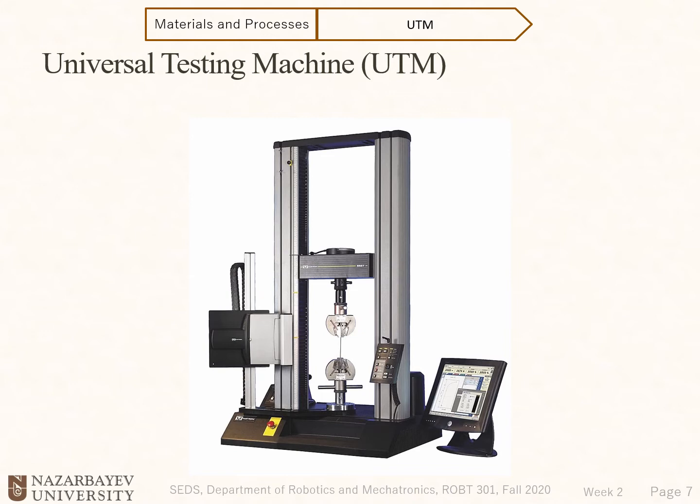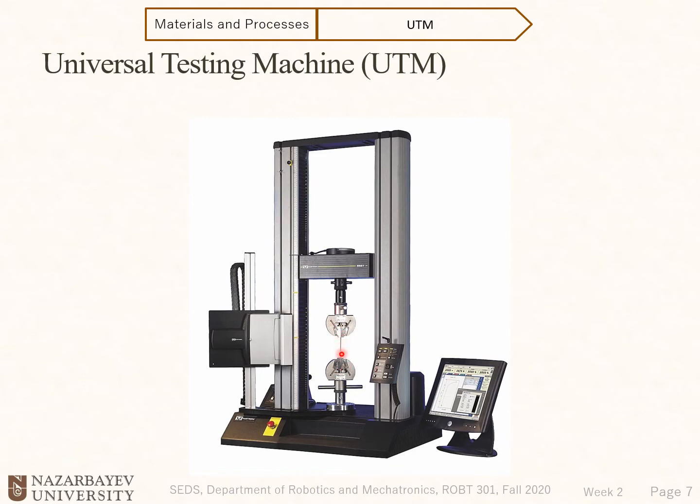So this is the UTM, and you can see here the jaws of this machine. The UTM will keep the specimen tightly between these two jaws.